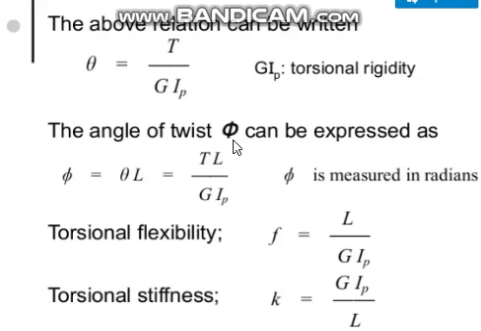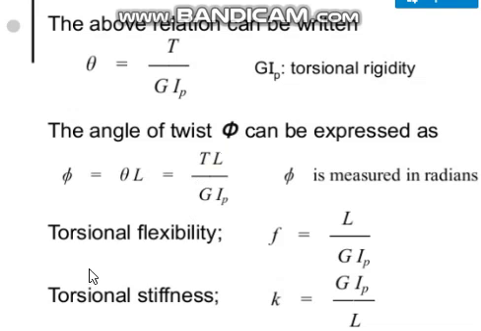The angle of twist phi can be expressed as TL upon GJ. This is what we have used. GJ is the torsional rigidity, and as I told you, J can sometimes be represented as IP also.